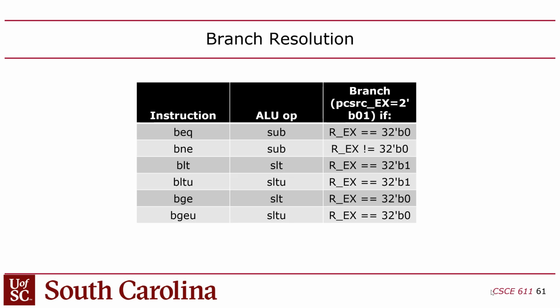Now you might say, wait a minute, why don't we just take that table and stick it outside the control unit and make a separate branch controller? Well, yeah, you could do that too, if you want to. I'm assuming that you guys are going to want to make a monolithic control unit, just stick all the control inside one big glob. But other people may say, why not just have a separate control unit for the branch resolution?